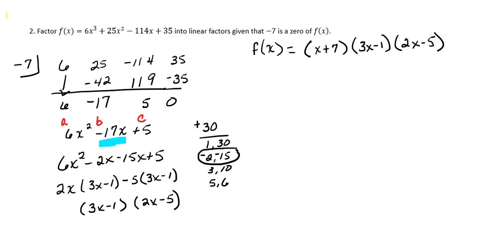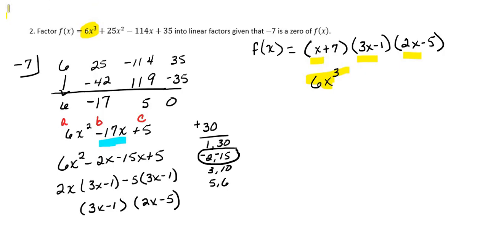Now when you multiply these 3 factors out, you're going to end up with x times 3x times 2x as your first term, and that's going to be 6x cubed, and that matches what we started with in our original problem, 6x cubed. So I know that I don't need another constant in front of these factors that I have.